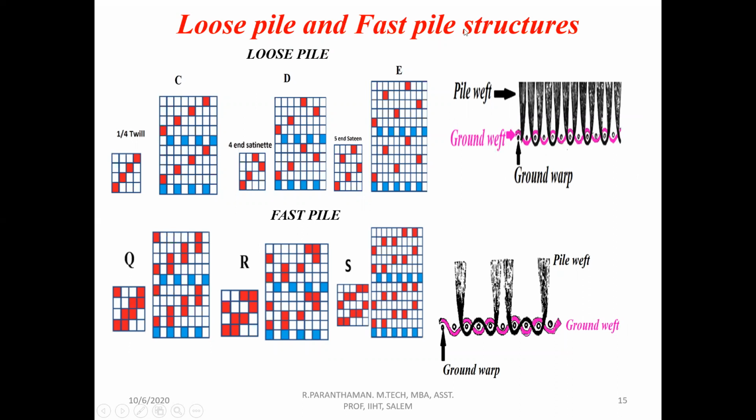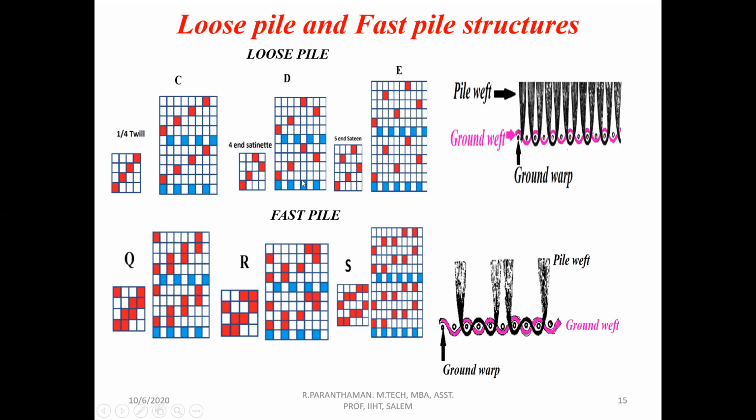See the loose pile and fast pile structures. See these designs C, D, and E. Here the interlacement of pile thread is only one end. See here, the red color indicates the ground weft and the black color indicates the pile weft. The dotted portion indicates the ground warp.